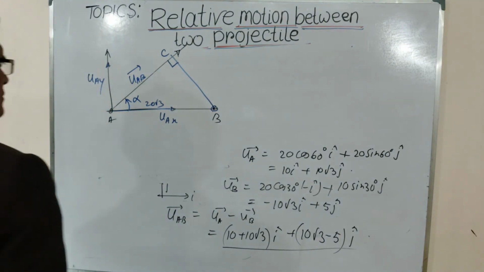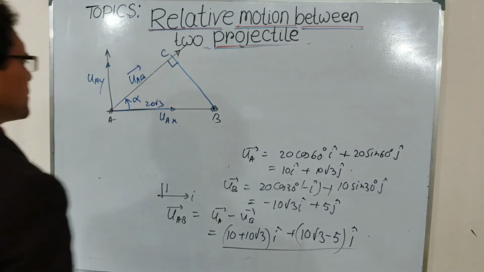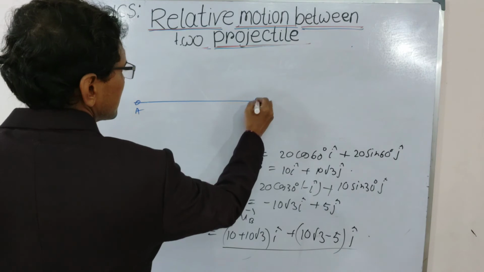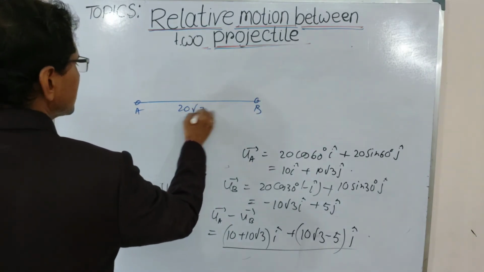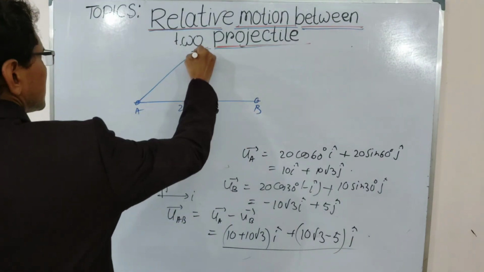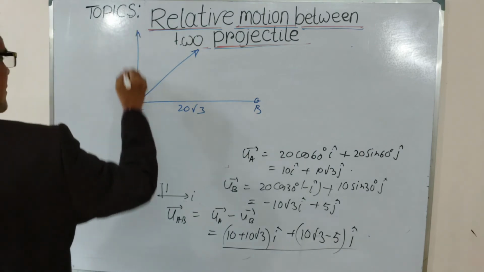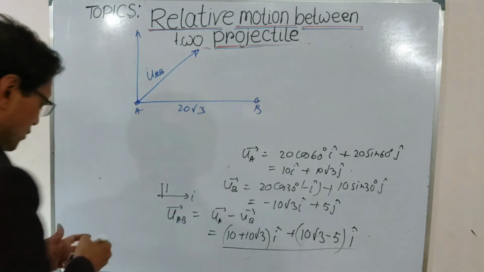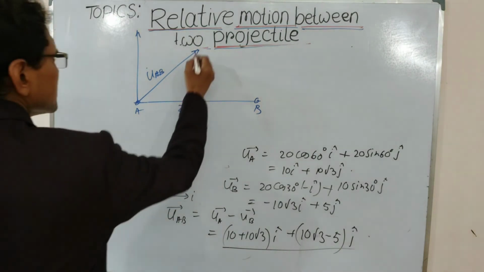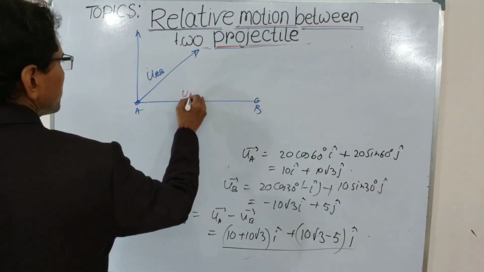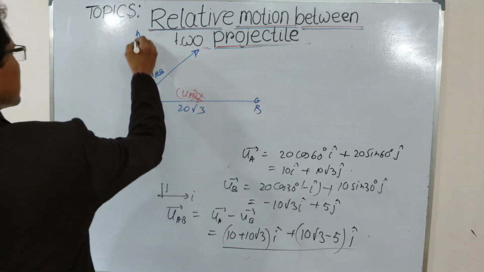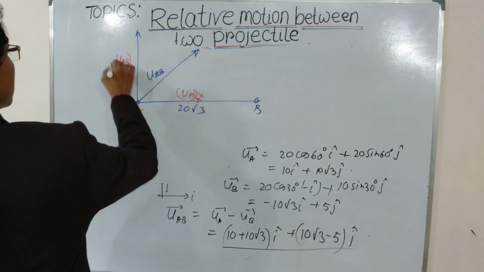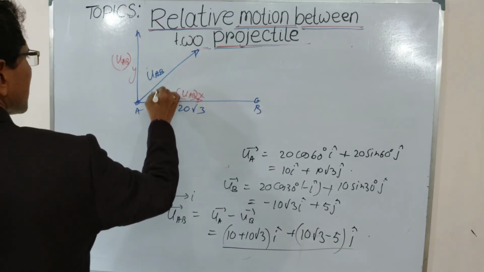Now we have to find the angle alpha. This is A, this is B, distance 20√3. So this is UAB, and the component of it is UABX. Now this angle is alpha.